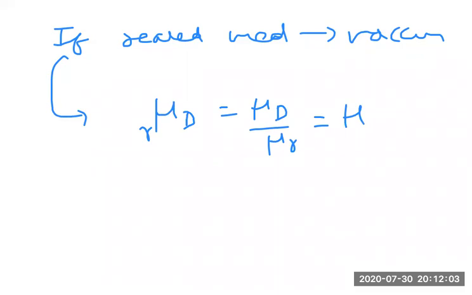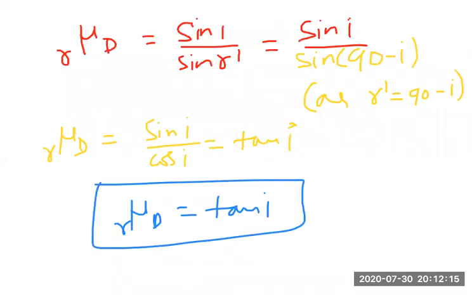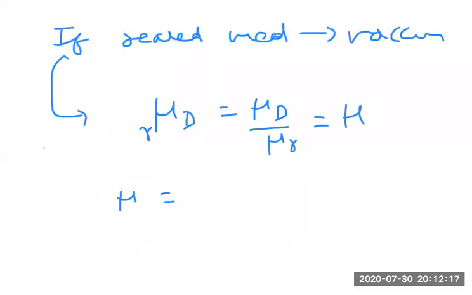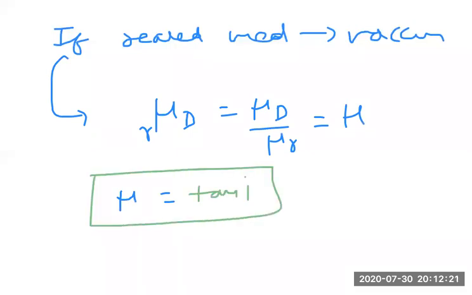And therefore I can write mu equal to sin I by sin R. That is what we have written finally here. Mu is equal to tan I. As I is equal to R, I can also write it as tan r.